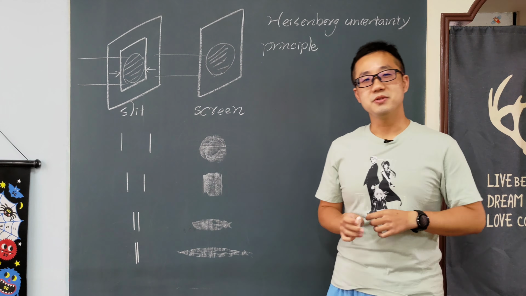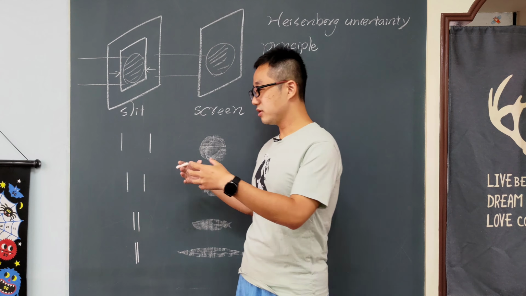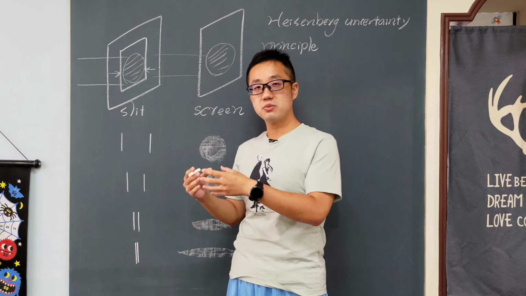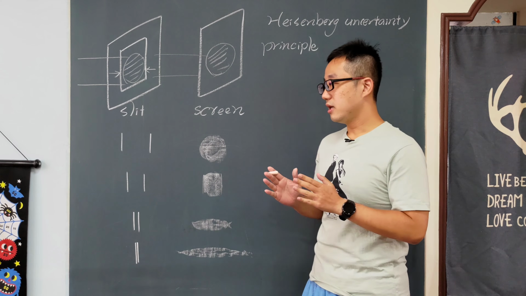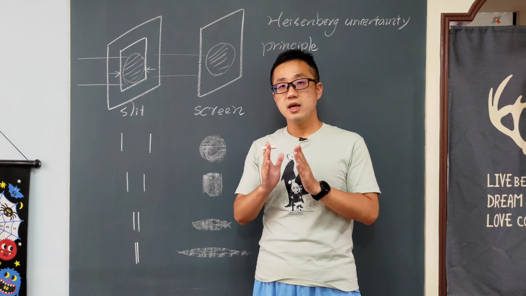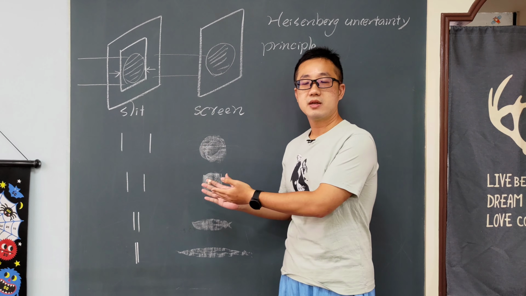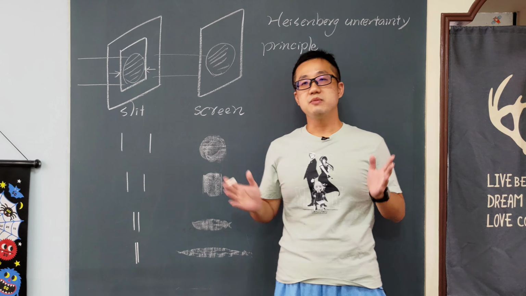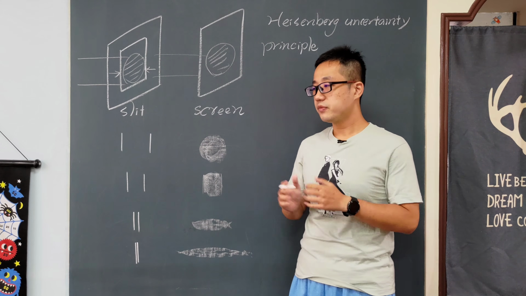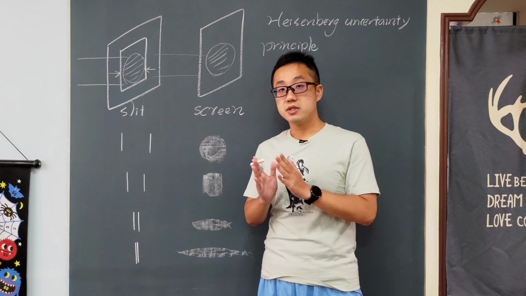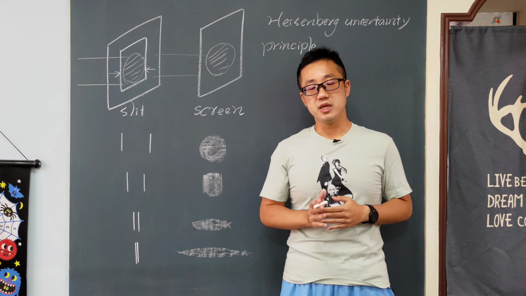This is really non-intuitive. At the beginning, you decrease the width of your slit, and you cut the edge of your pattern, and the pattern tends to get narrower. Even students without any scientific background will have such intuitive thoughts: the narrower the slit is, the narrower your pattern is going to be.